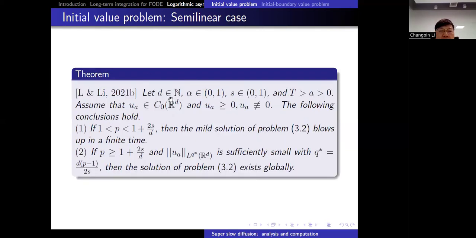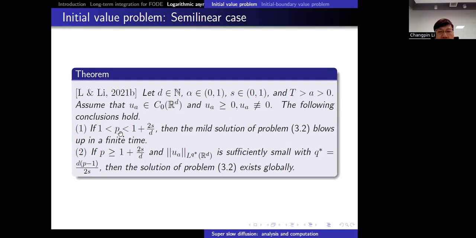Now this is the domain dimension. This is the time derivative order alpha, and this is the index of the fractional function. It's capital T, and u_0 is in this space, but u_0 is positive, not always zero. So the following conclusions hold. If p is in this interval, then my solution blows up in finite time.